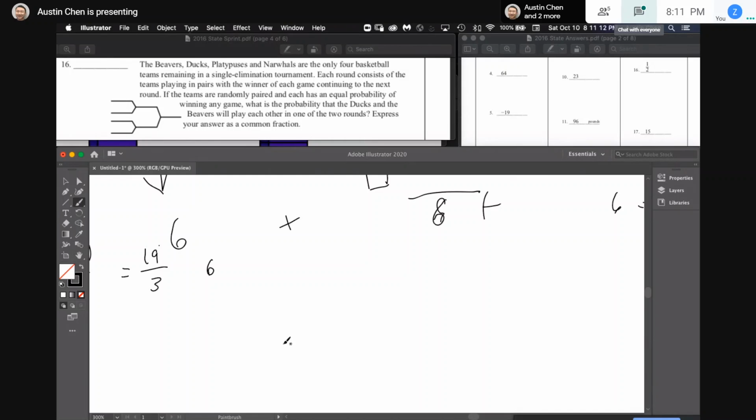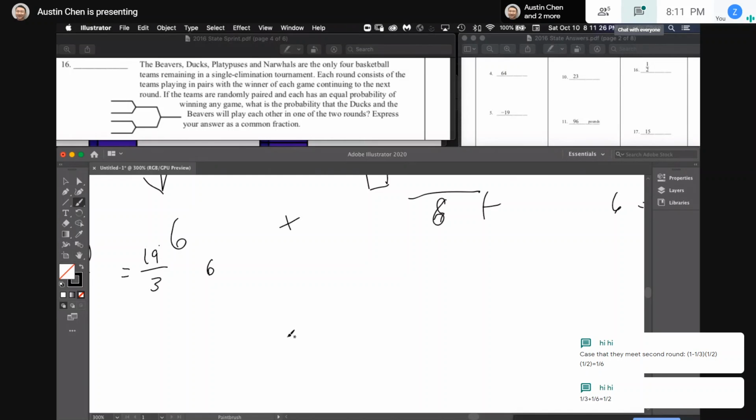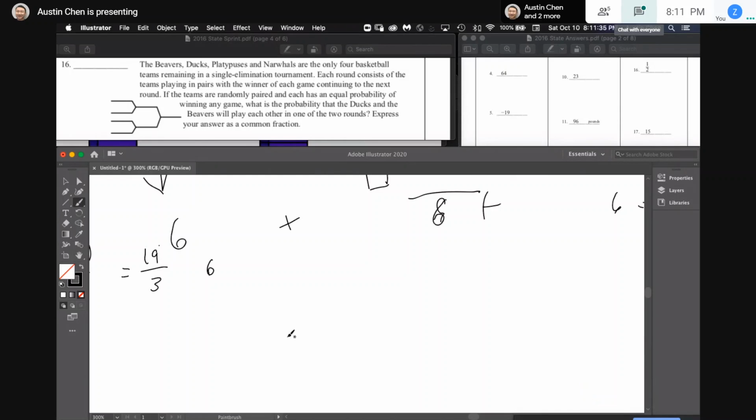What do you think, Bill? Sorry, how are you trying to do it? Casework. Casework would probably work, honestly.